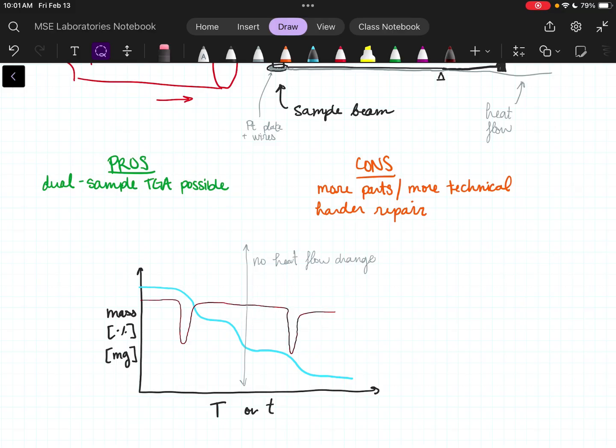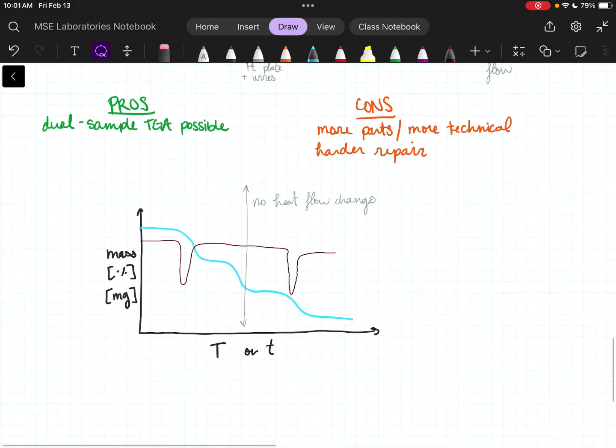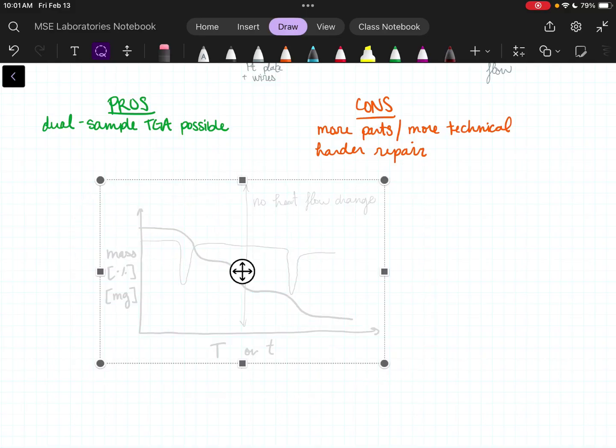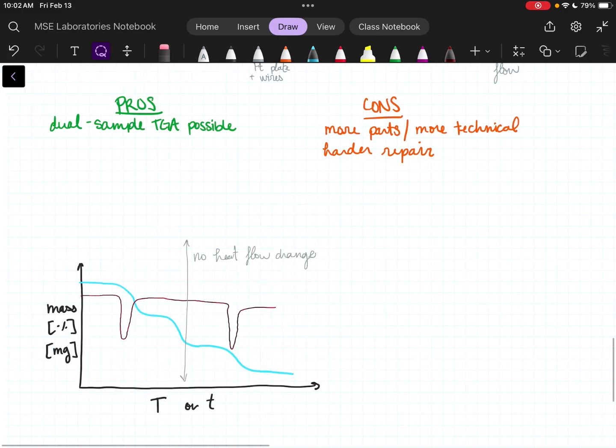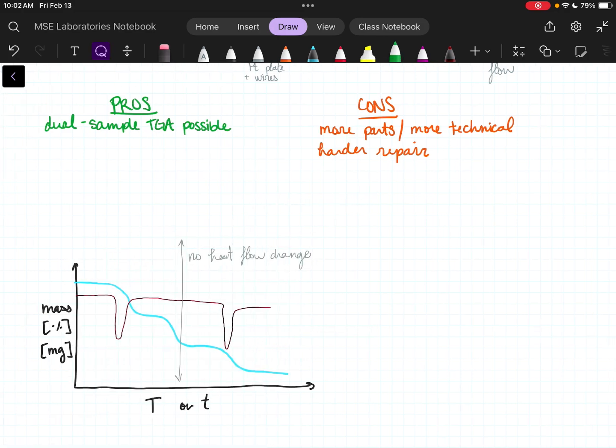I might have my DSC line showing me a peak here and nothing going on there, and then a peak here. So this would show me that this mass loss event here had no heat flow change.